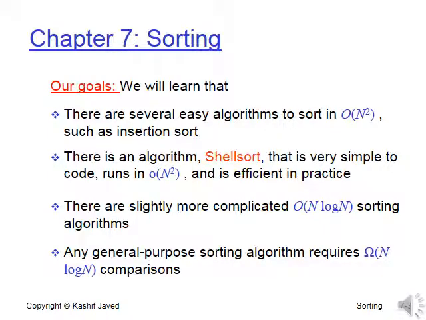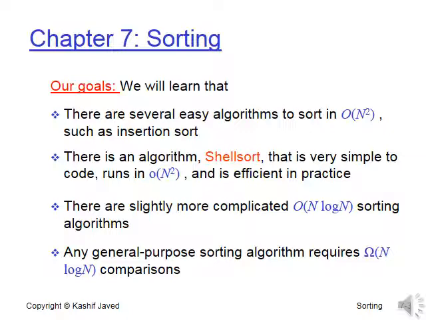The algorithm can be made more CPU efficient by using Hibbard's increments. Thus, the new algorithm then averages between order n to the power 1.5 and n to the power 1.25.